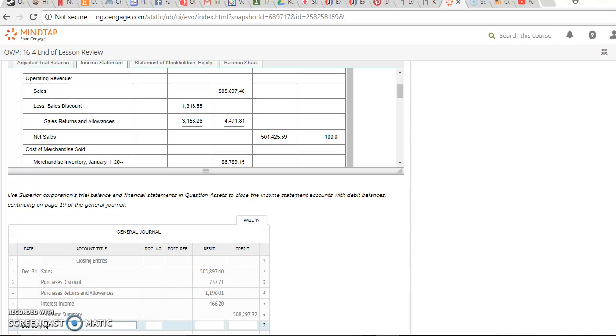We're not going to list that one first, in other words. We're going to credit all of the other ones, the balance opposite what we have.